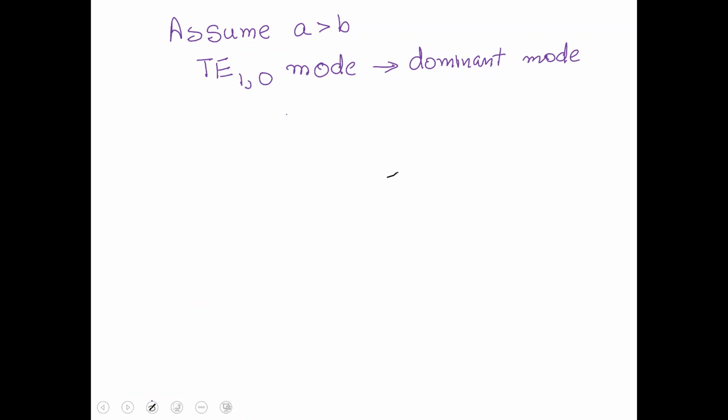Again, this mode is m equal to 1, n equal to 0, which tells you m is in the direction of x.